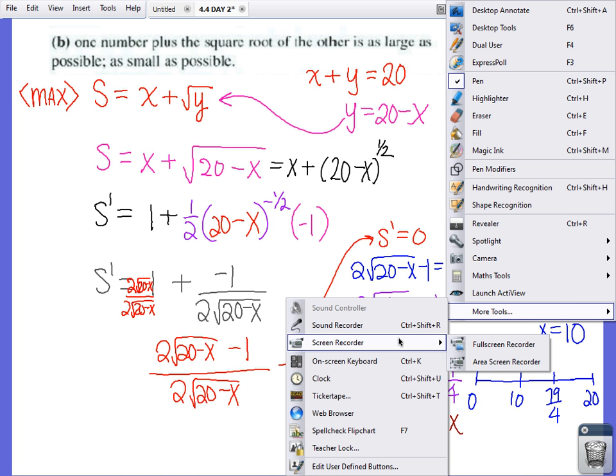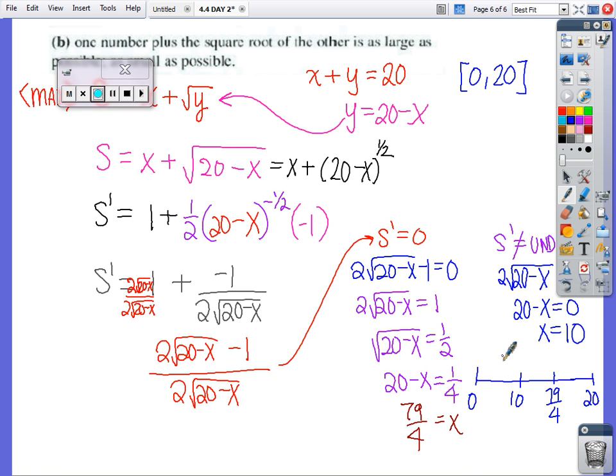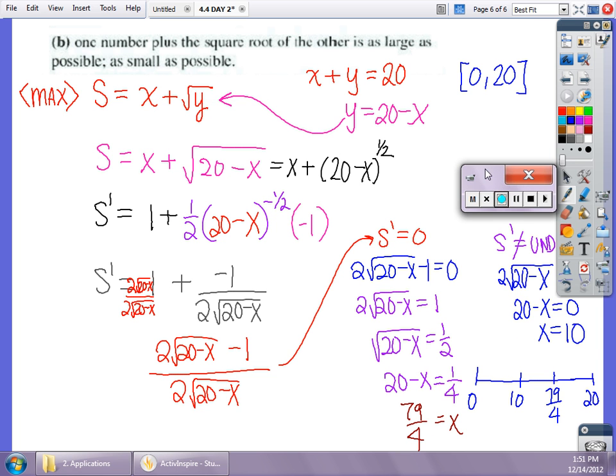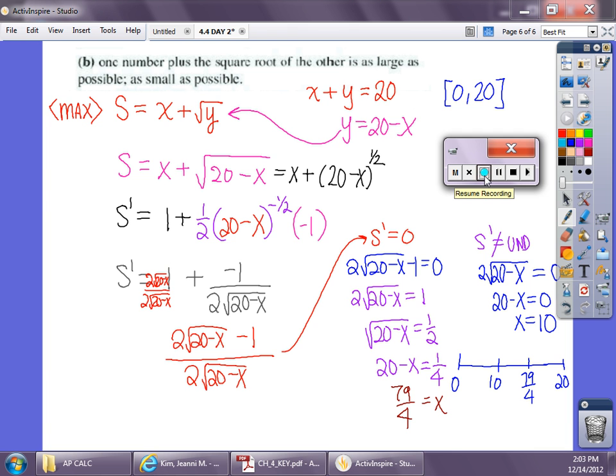Where this guy went. There it is. Oh. So we have that the derivative is 0 at 79/4. The derivative was undefined at 10.